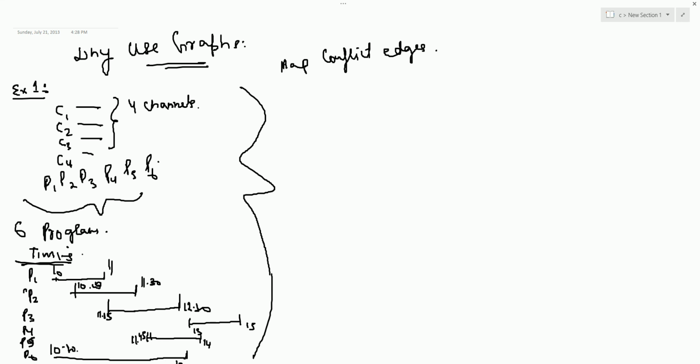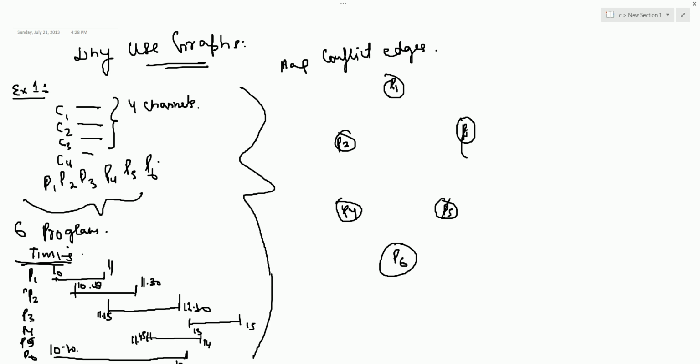First we make these programs nodes. This is P1, this is my P2, this is my P3, then P4, then P5, and this is my P6.